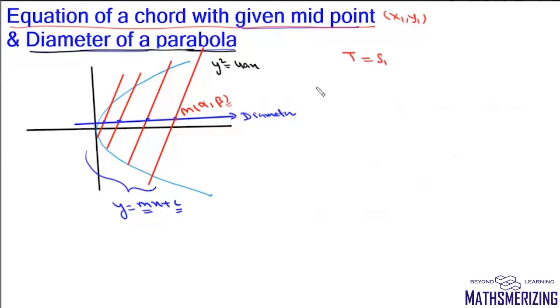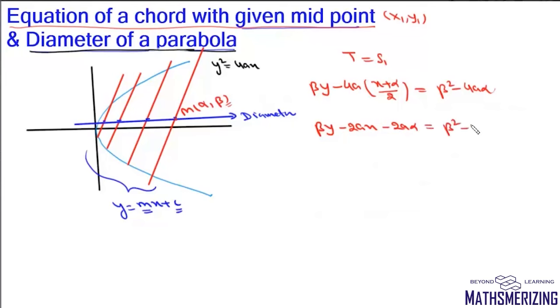So we can write this equation as beta y minus 4a times (x plus alpha) upon 2, and this is beta square minus 4a alpha. So we can write this equation as beta y minus 2ax minus 2a alpha, and this is beta square minus 4a alpha.